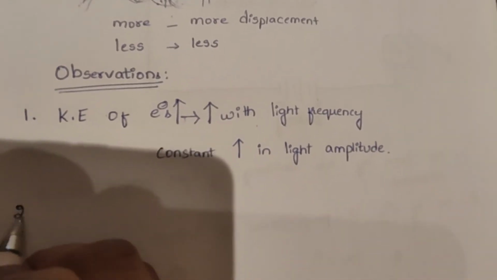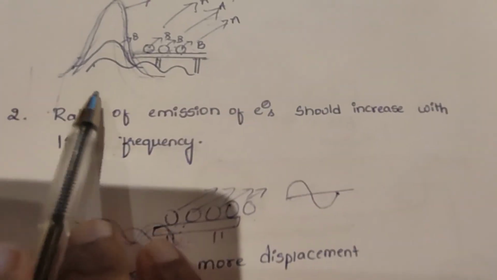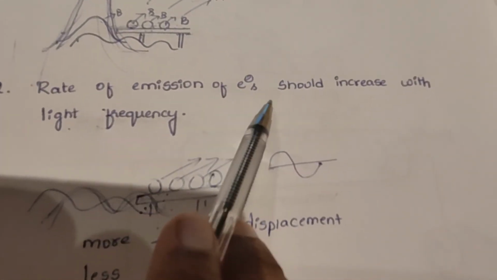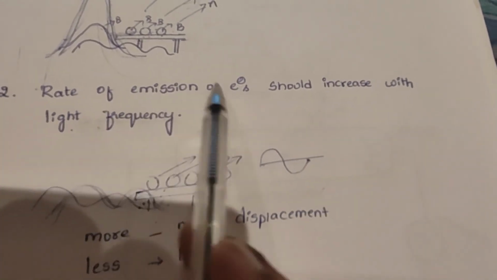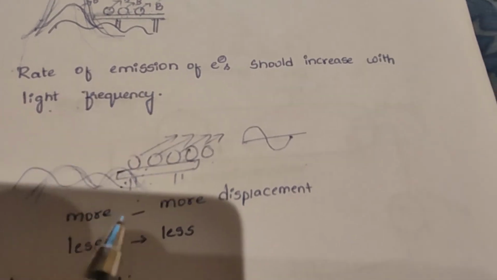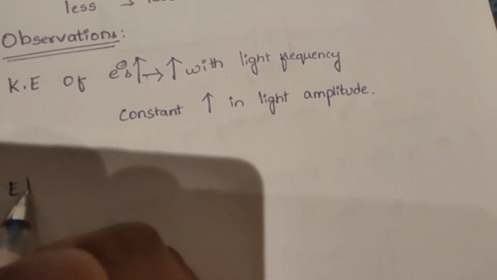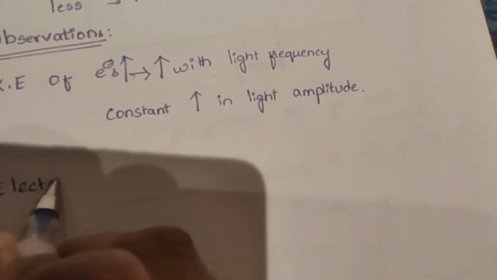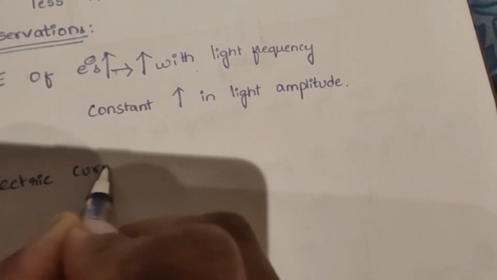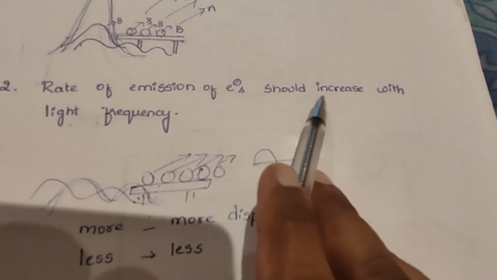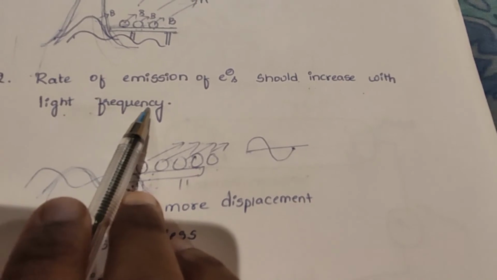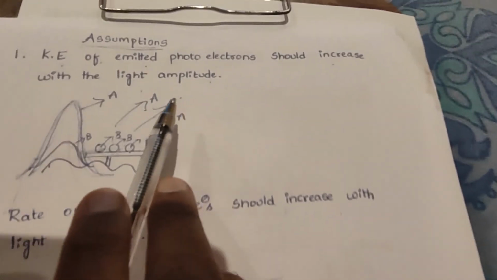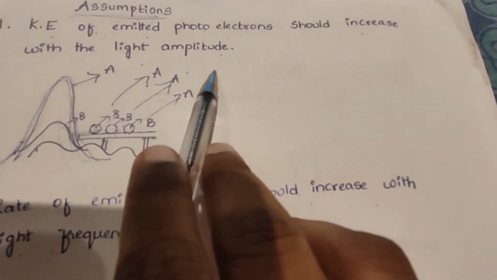And in the second one, here they said the rate of emission of electrons, which is nothing but electric current. Rate of emission of electrons means nothing but electric current. Here they assumed that it increases with light frequency, but it increased with light amplitude.